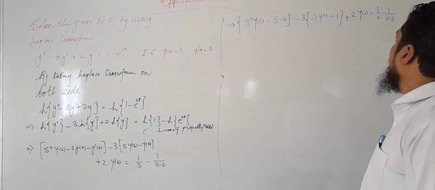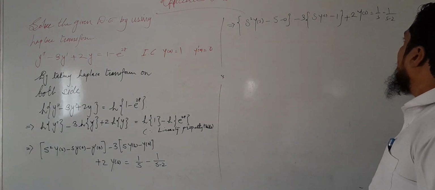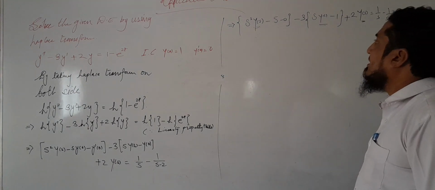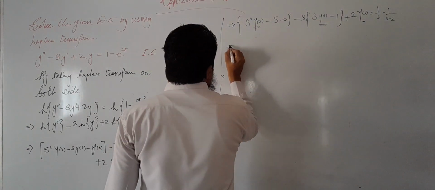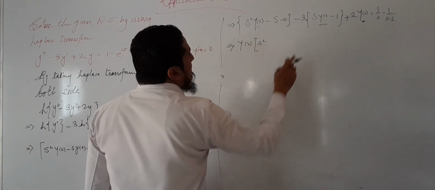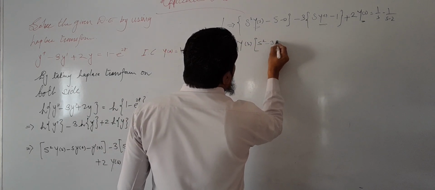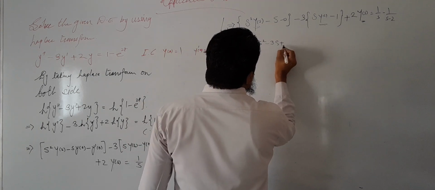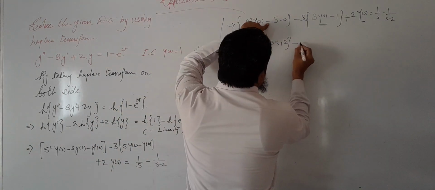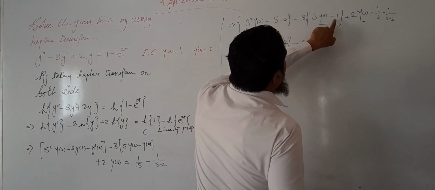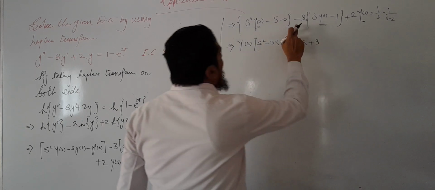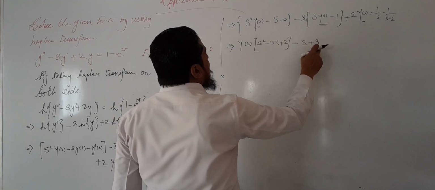Now we can take y of s common outside, and we will get y of s times s square plus 3s plus 2, and now minus s, then minus 3 into minus 1, that is plus 3, correct.